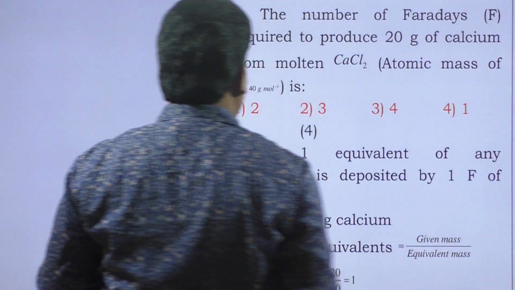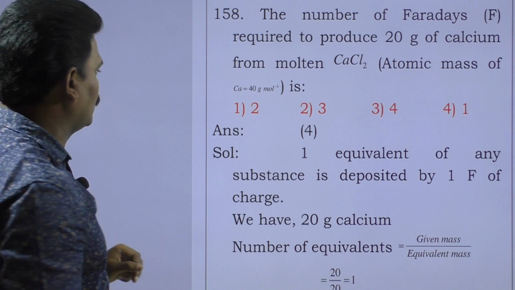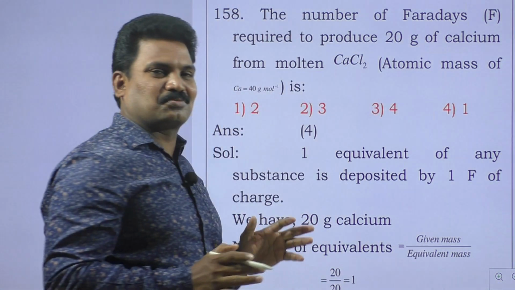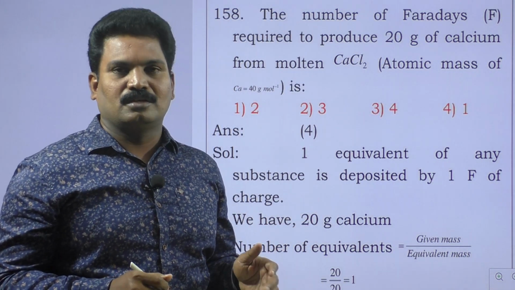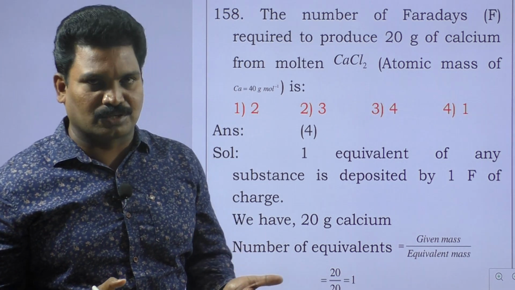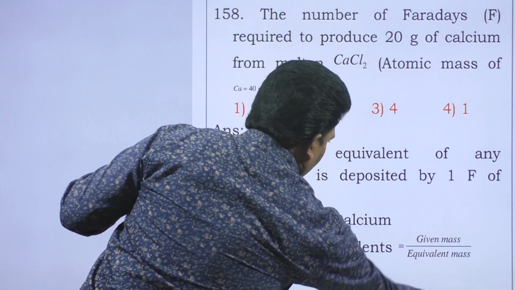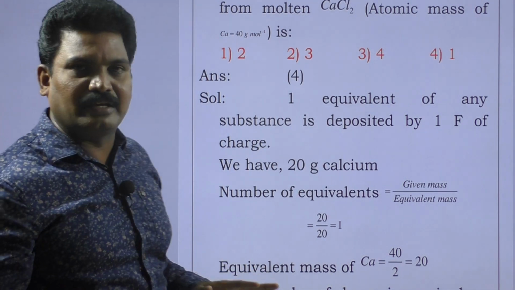The number of Faradays required to produce 20 grams of calcium from molten CaCl2. What is Faraday's first law? The amount of substance deposited or liberated or dissolved at an electrode is directly proportional to the quantity of current passing through the electrolyte solution. That means W is proportional to Q. Here 1 Faraday of current is passed, it deposits any substance's gram equivalent weight.